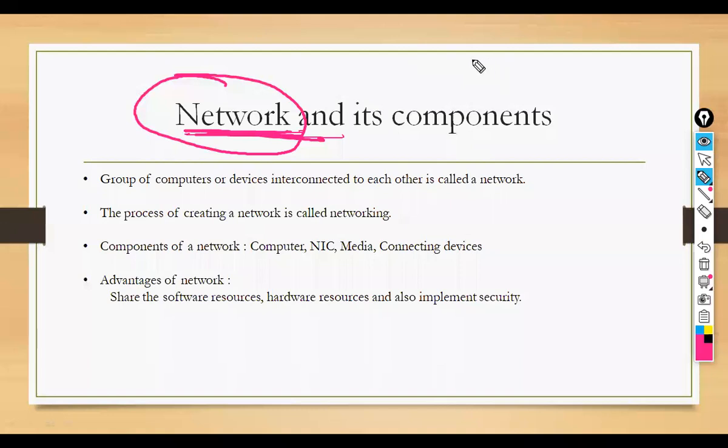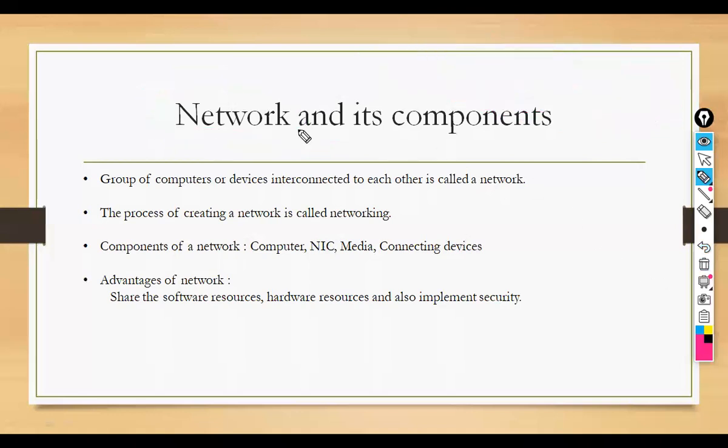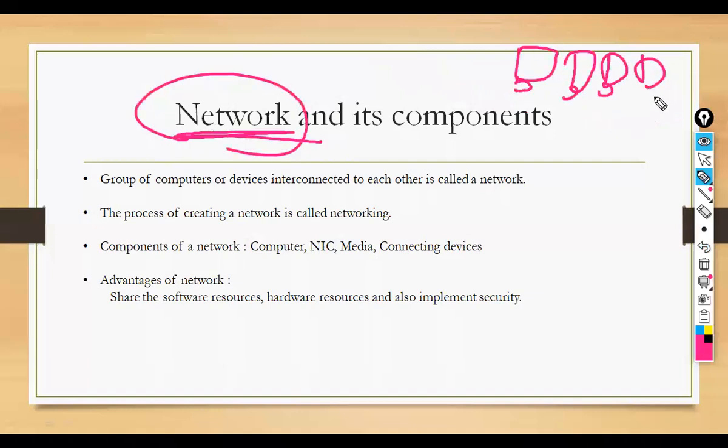Interconnection of clients, exactly. Or let me tell you, suppose I got a friends network here. It means I got some friends here, right? I have some friends here and my friends will be interacting. Similarly, when you talk about the network here, we are talking about the computers or the devices or the machines.